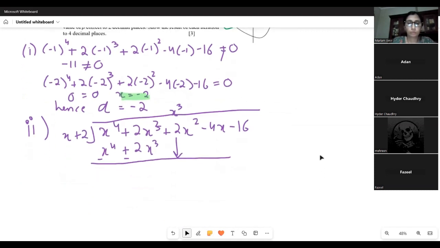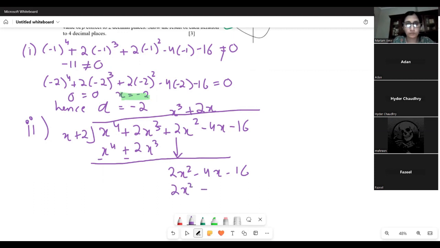So we have 2x square minus 4x minus 16. Then we have plus 2x here, which would be 2x square plus 4x. Change signs. Minus plus. Both of them get cancelled.